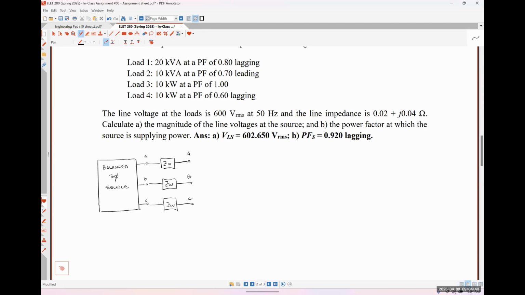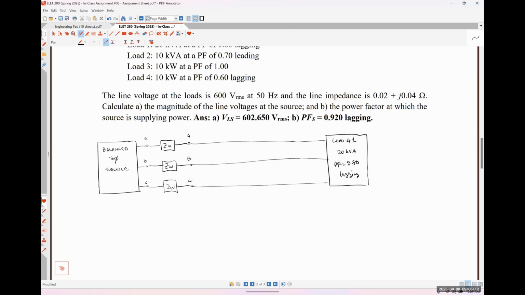So I'm just going to draw myself a long stretch of wire here. Let's put load 1 over here. So it's absorbing 20 kVA at a power factor of 0.80 lagging.